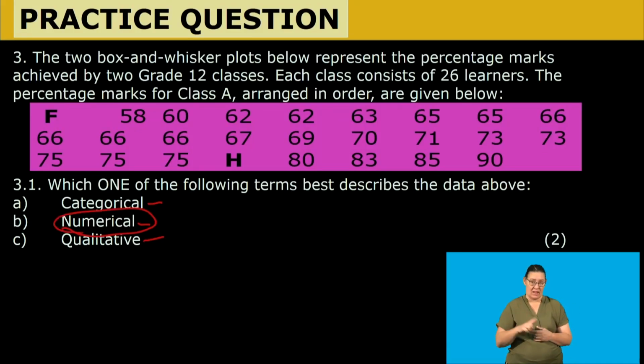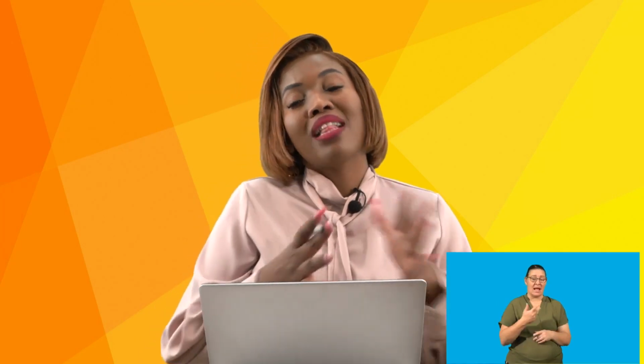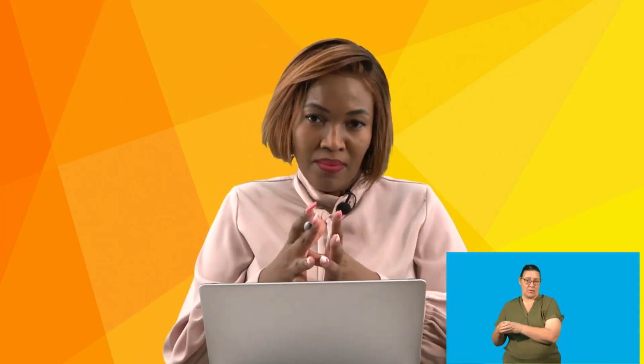And remember, in mathematical literacy, we always talk about either categorical or numerical data. If it is categorical, it will be classified into groups, like gender, color, or flavors. But because this one is numbers, therefore it is numerical data.